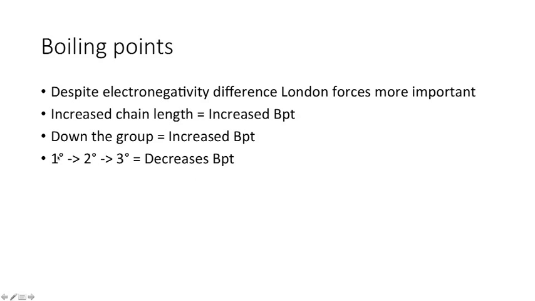And a decrease in boiling point as you go from primary, secondary to tertiary, because there's more alkyl groups. So even if you had the same number of electrons, their shape in this instance determines the London forces, because they have more branching, therefore they won't pack as efficiently. So they have weaker forces in between if they've got more methyl groups.